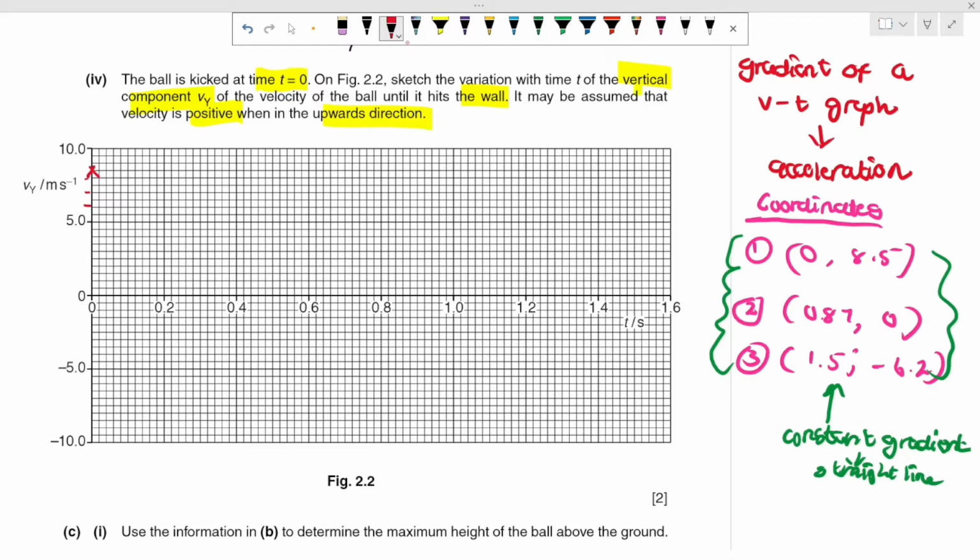Okay, and then if you look at 0.87 and 0, so if you're here, this is 0, this is 0.82, 84, 86, 87. So we're essentially going to have our coordinate here. Then if you look at the end, we have 1.5 and negative 6.2.